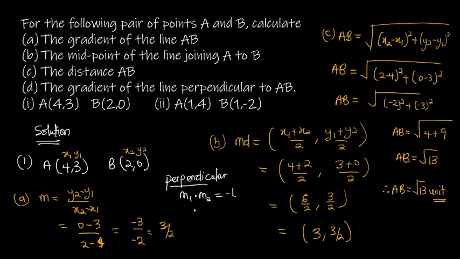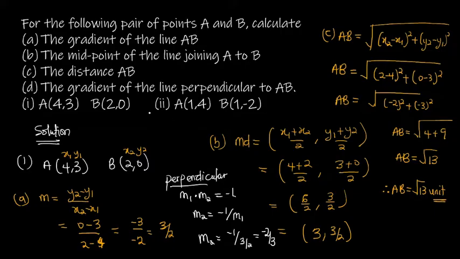So therefore, to get my gradient m2, which is the gradient of the line perpendicular to AB, my m2 will be equal to -1 on m1, that is m2 is equal to -1 on 3/2. And then if you reciprocate this and calculate that, you are going to get -2/3 as the gradient of the line perpendicular to AB.